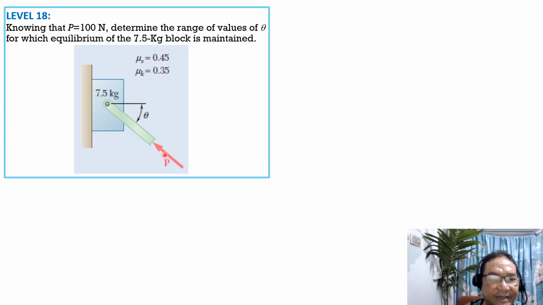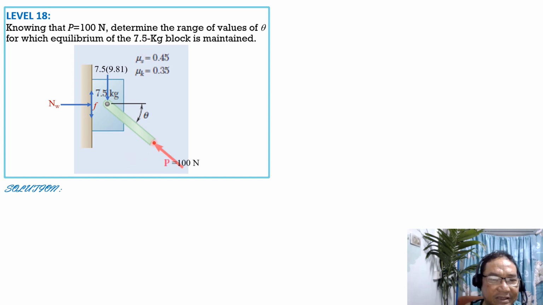So this is P. For the solution, we have the weight, which is 7.5 times 9.81. Then we have P, which is equal to 100 newtons, given. Then the normal reaction here, FBD, then friction, which is either up or down depending on which angle we compute.